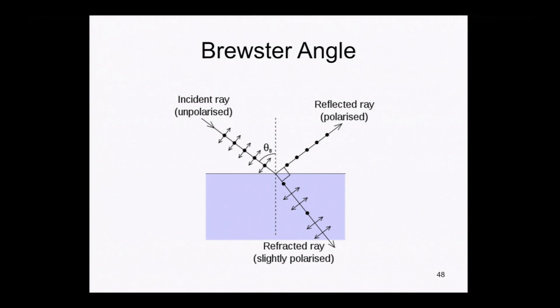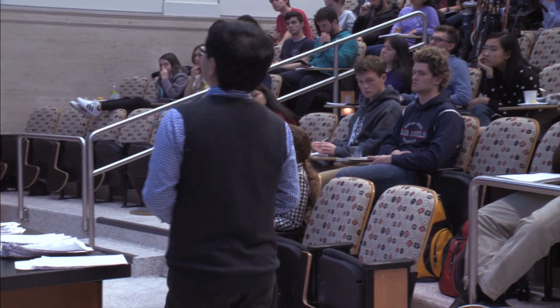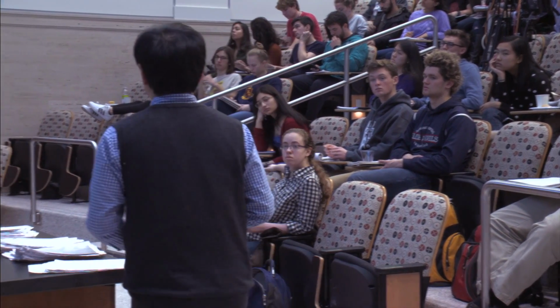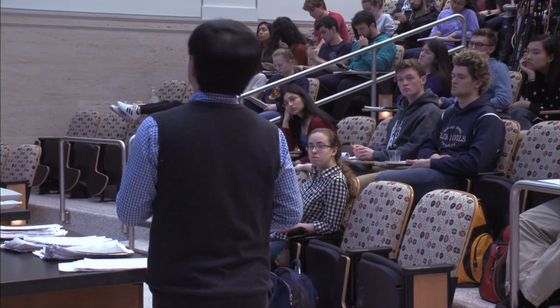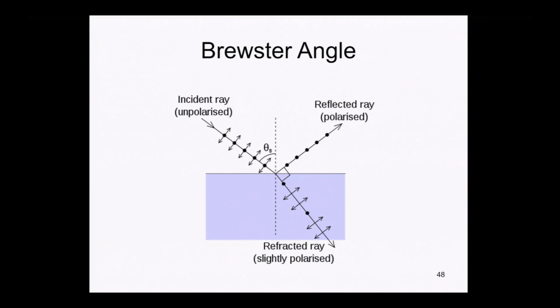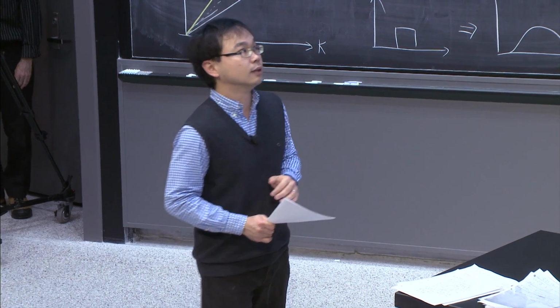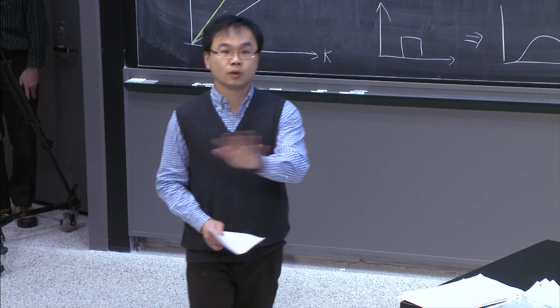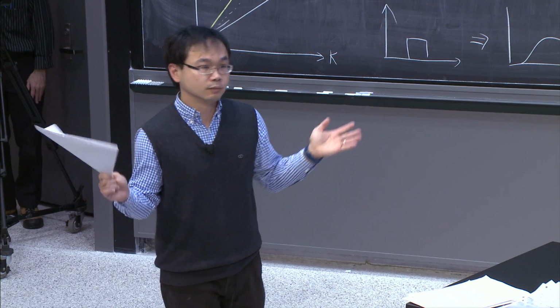Somebody reminded me that the amplitude formula for Brewster's angle should be given. So it will be given to you if that is asked in the final exam. So don't be worried about it, and you don't have to remember this formula.